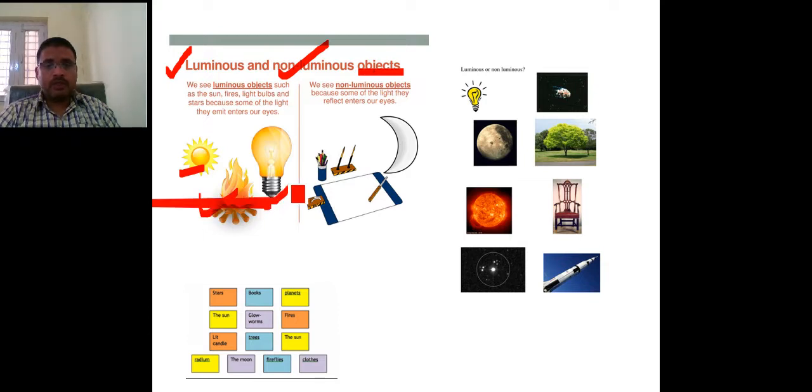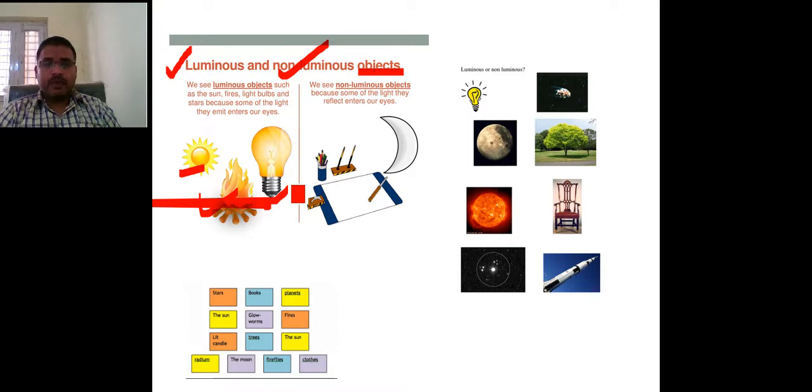These are the kind of objects which carry their own light. Objects which carry their own light are called luminous objects, because the sun has its own light, and the sun can be seen everywhere.